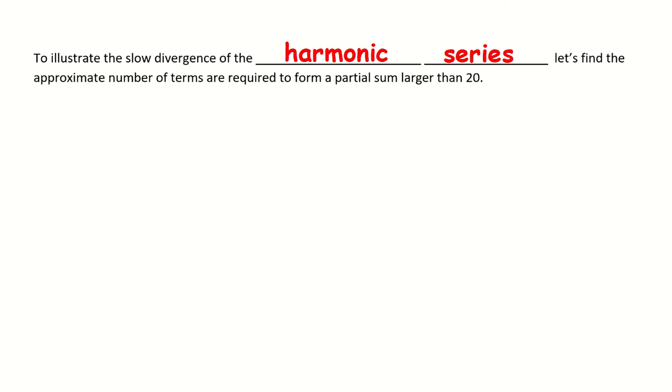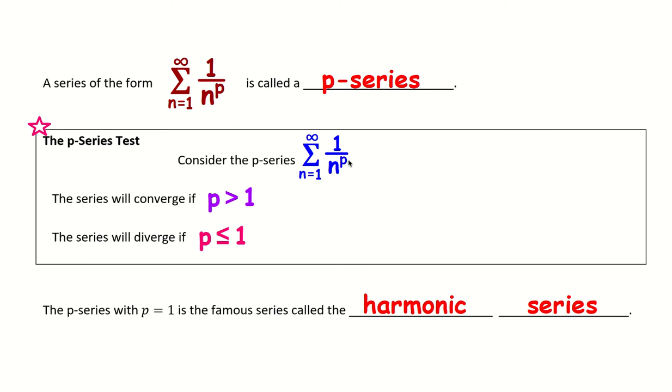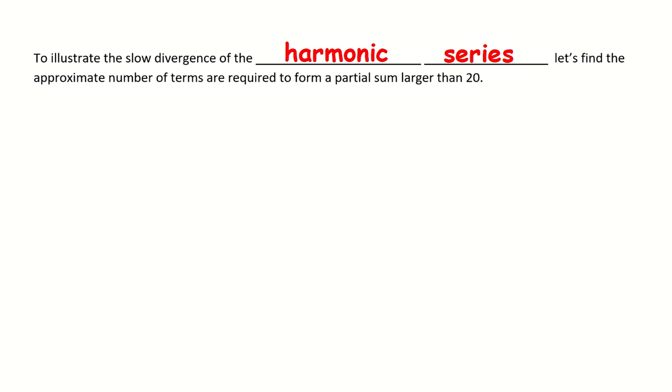Harmonic series, once again, when p equals exactly 1 and your series is just 1 over n, it's weird how that series actually doesn't converge. 1 over 1 plus 1 over 2 plus 1 over 3 plus 1 over 4, plus 1/5 plus 1/6 plus 1/7 plus 1/8 plus 1/9 plus, forever. And it actually diverges really slowly.